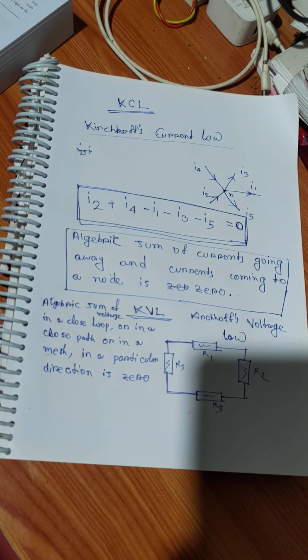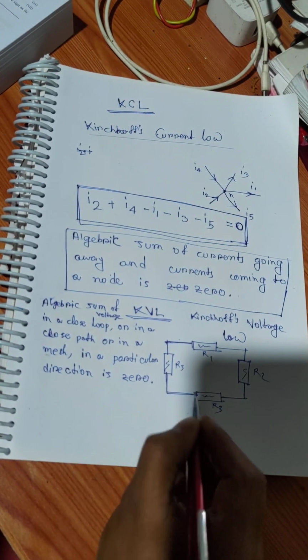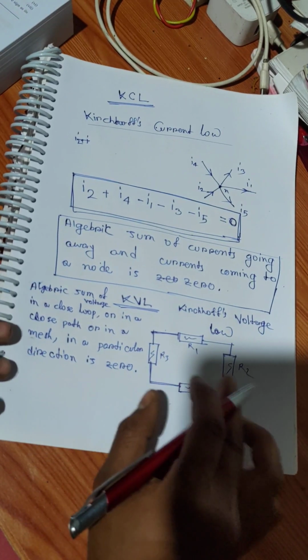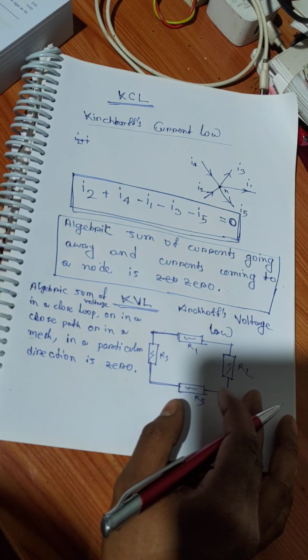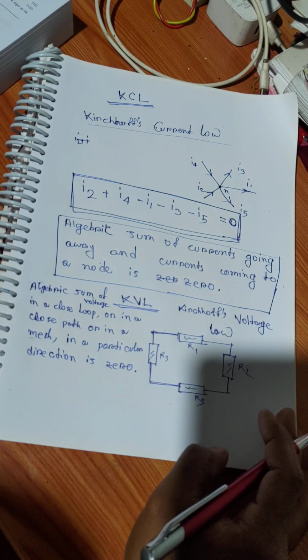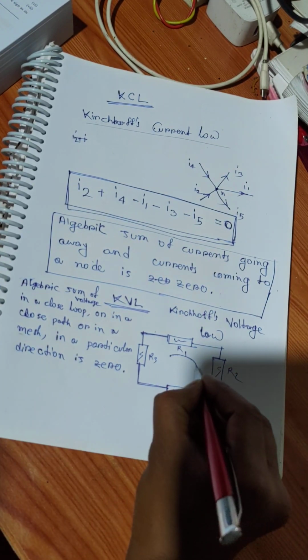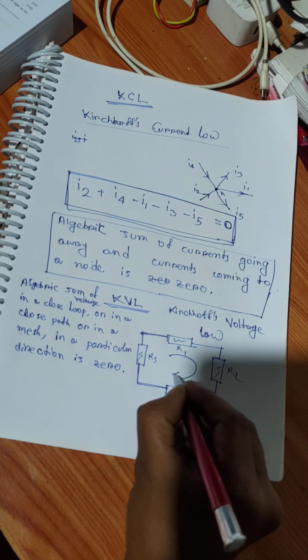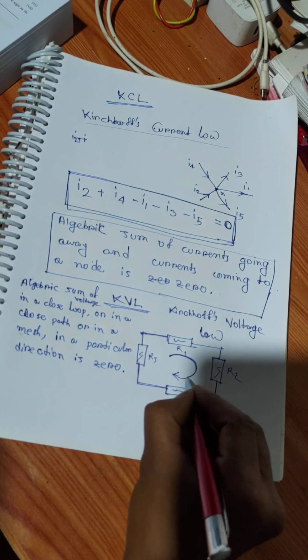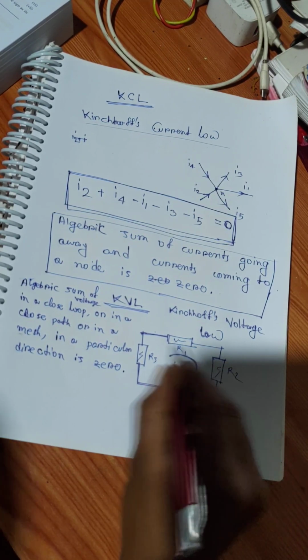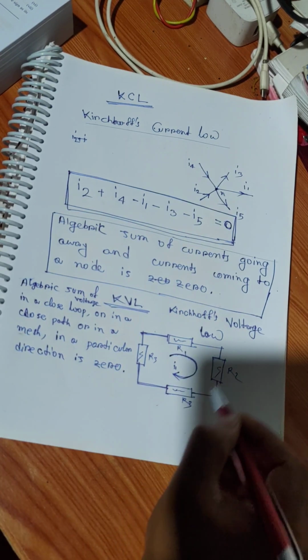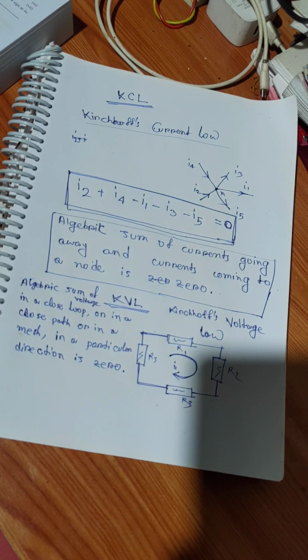This is called KVL. Suppose current I is flowing through this circuit, and here R1, R2, R3, R4 resistances are there.